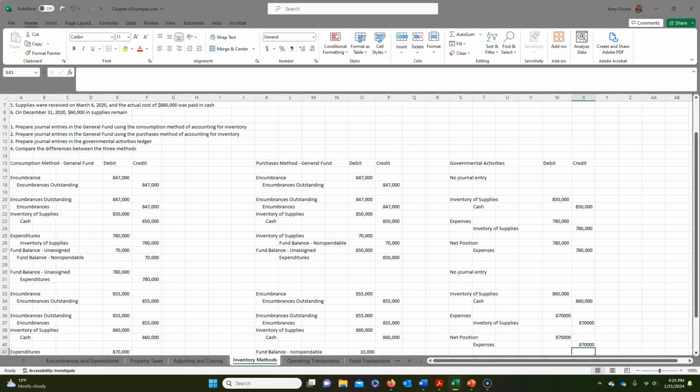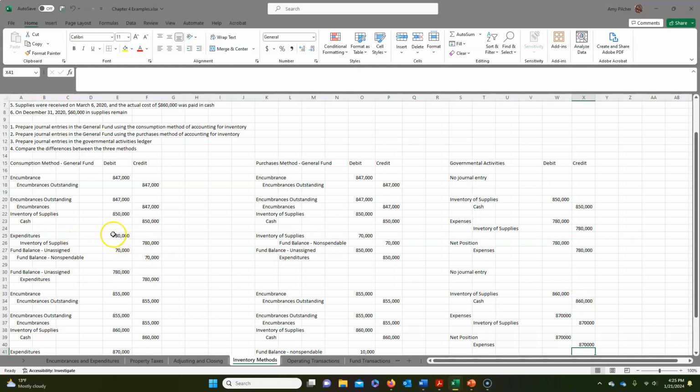So then what does that do to the different methods? Under the different methods, we see that we have just slight differences. What really the main difference is when those expenditures get recorded, and for a little bit of the amount.